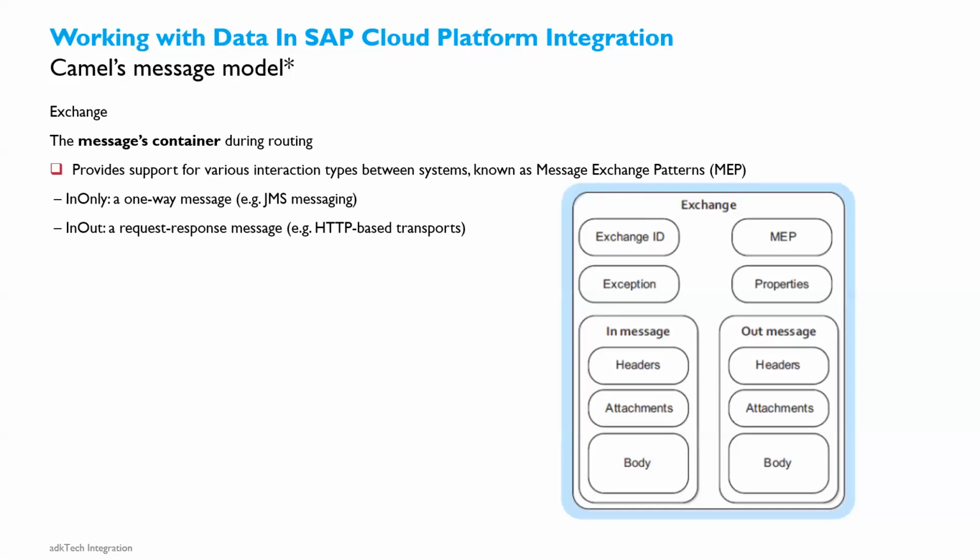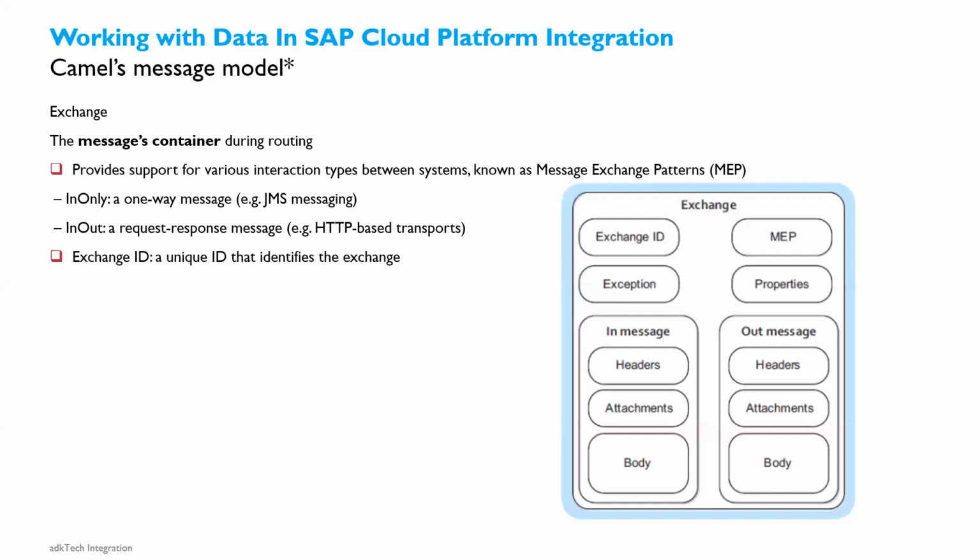In a similar manner, here in the CPI or the BTP, we have In Only, for the one-way messages that can be treated as asynchronous messages, and we have In Out, that is the request and response messages that can be treated as synchronous messages in the BTP and in the CPI.